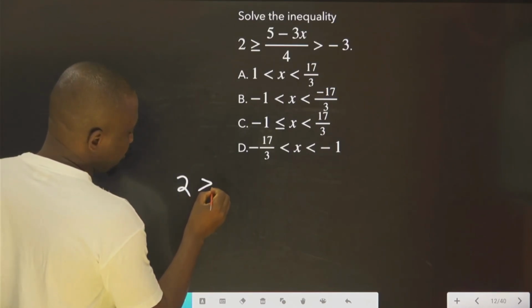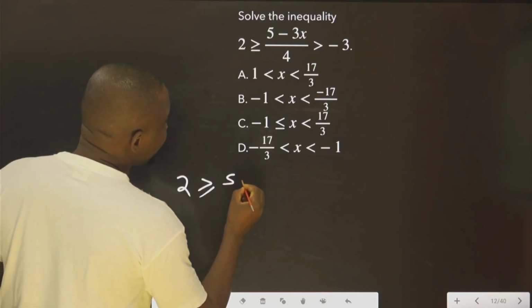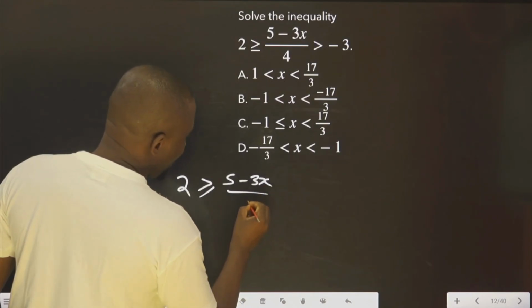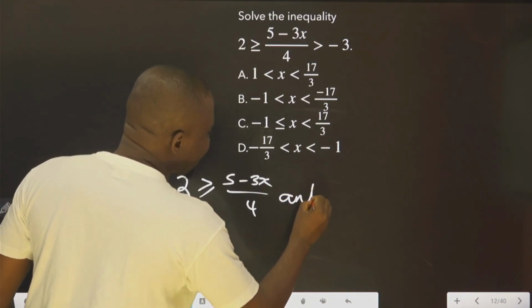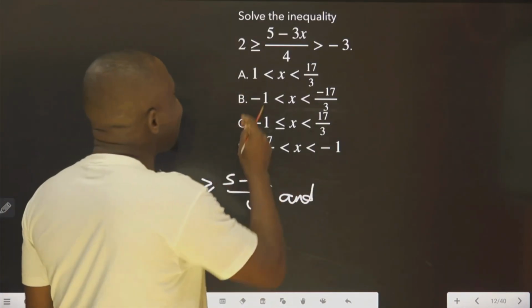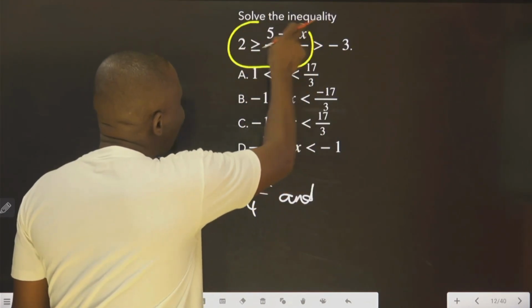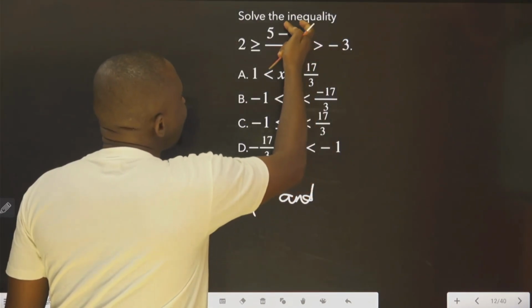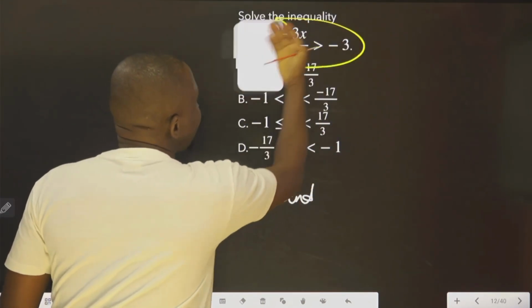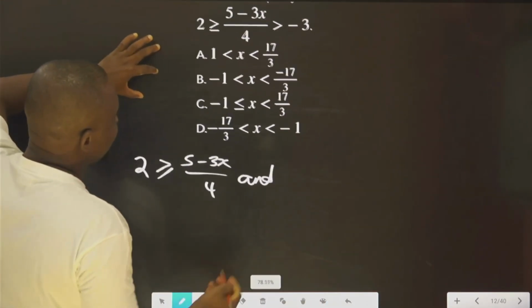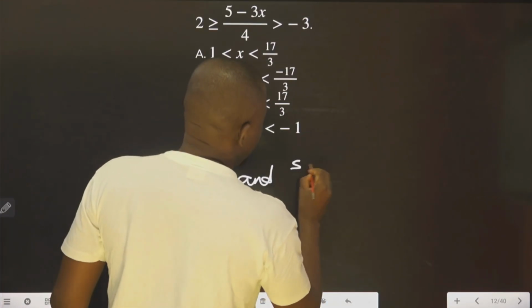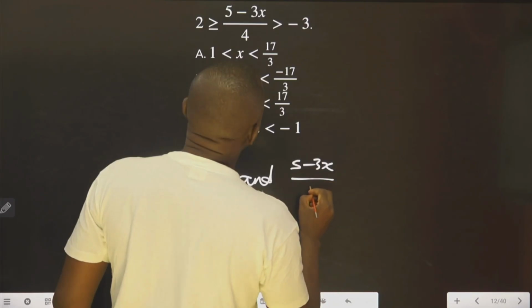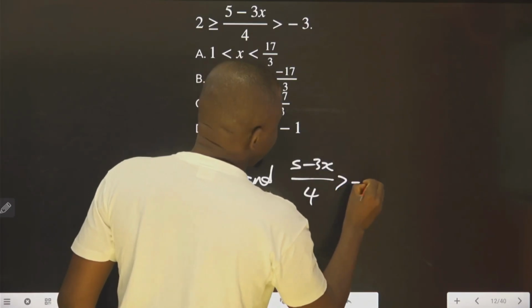greater than or equals to 5 minus 3x over 4, and you divide it now. Again, you have done this part. Now is to do this part. Okay? That is 5 minus 3x over 4 greater than minus 3.